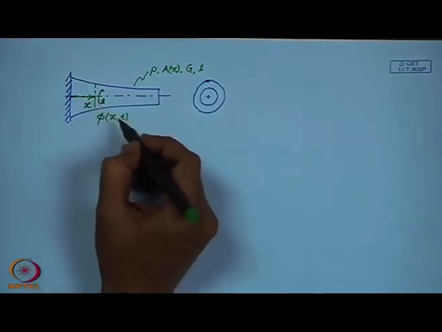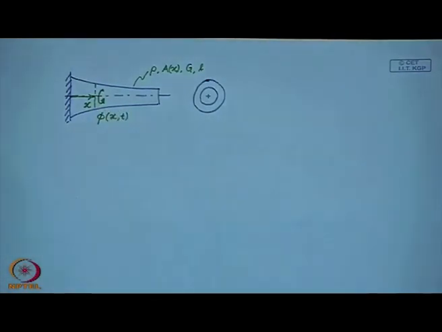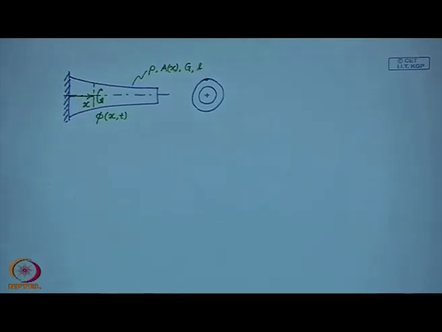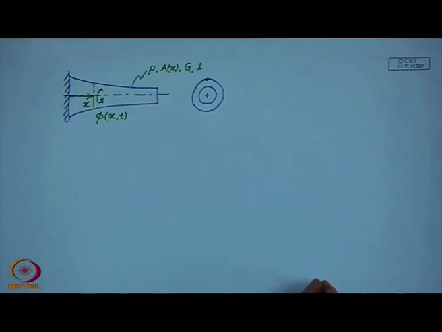So, at any location x at any time t, this is the torsional displacement of any cross section. Once again, we are going to derive the equation of motion of such a bar in torsional vibrations using the Newtonian approach.